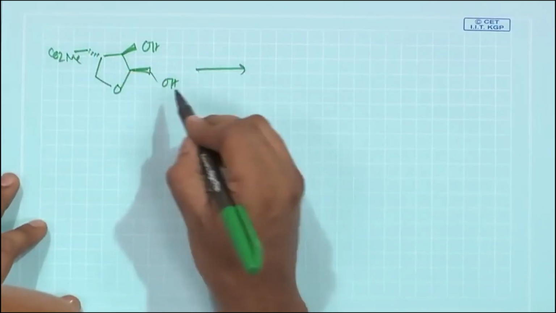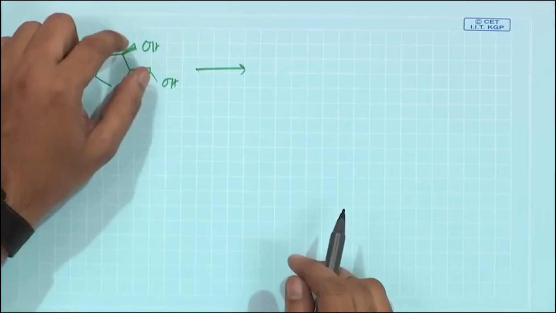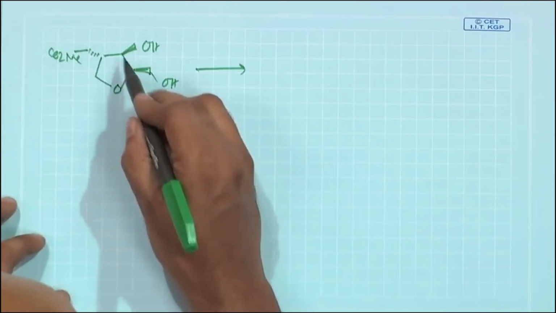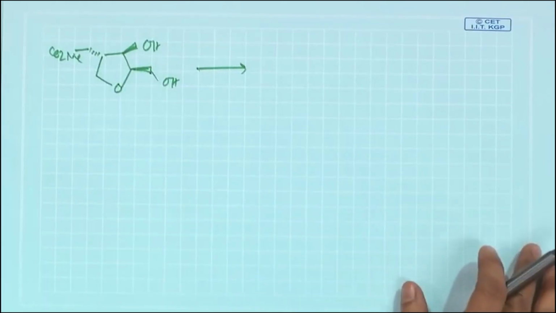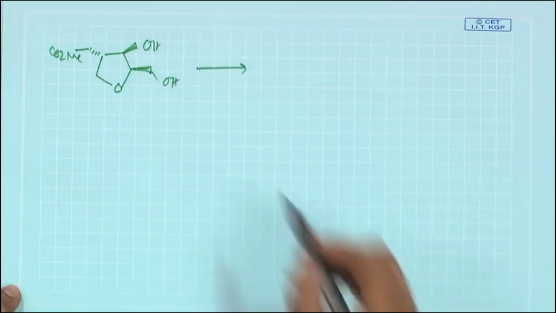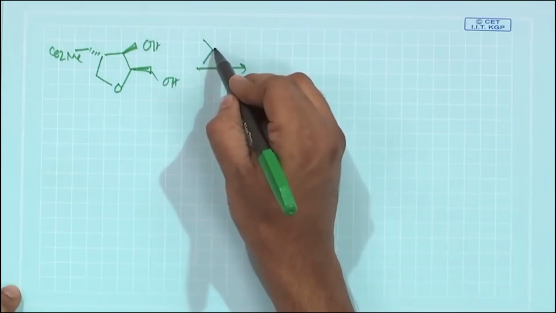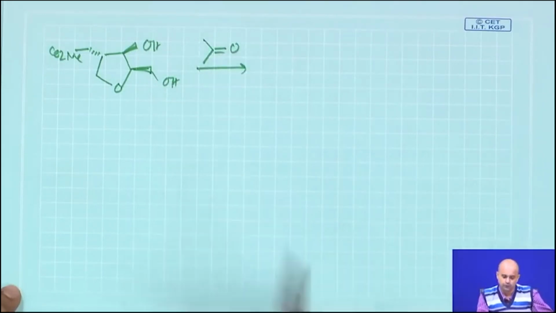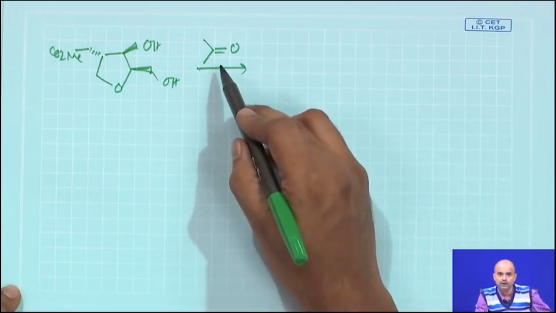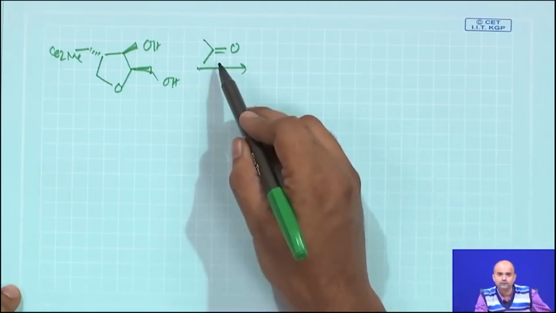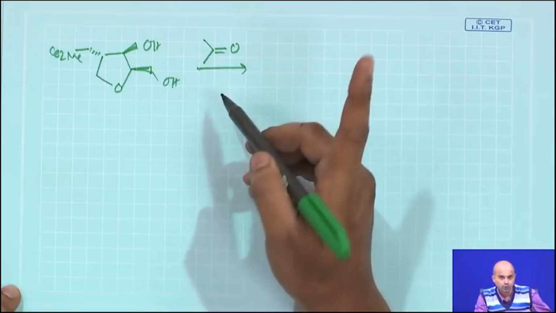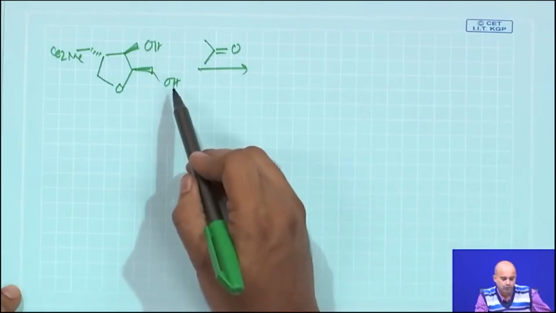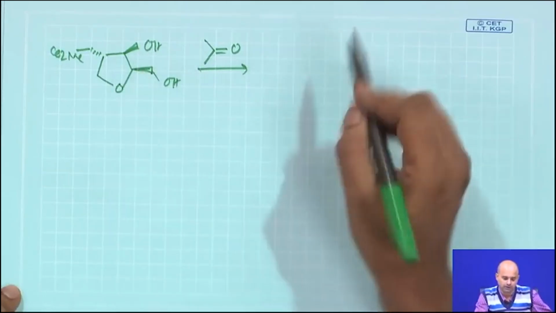Now, the primary and secondary form a 1,3-diol. Your job will be quite simplified if you have a single chemical reagent which can protect both the primary as well as the secondary. We will be using a very simple reagent, acetone. As all of you know, acetone can easily form a ketal with 2 equivalents of alcohol. Here, the 2 alcohols are one primary and one secondary.